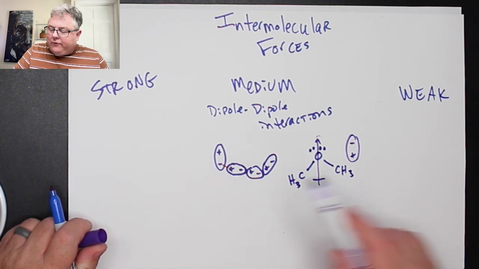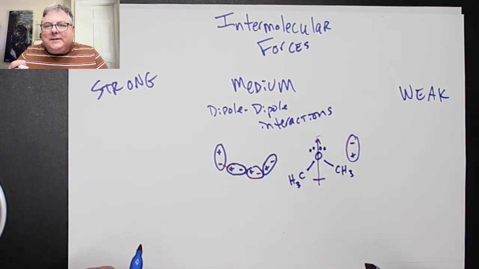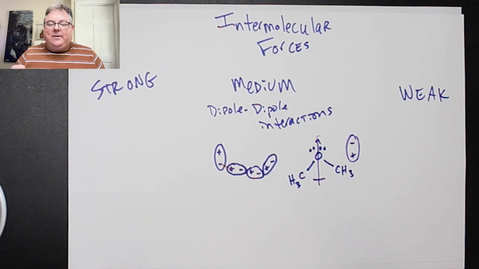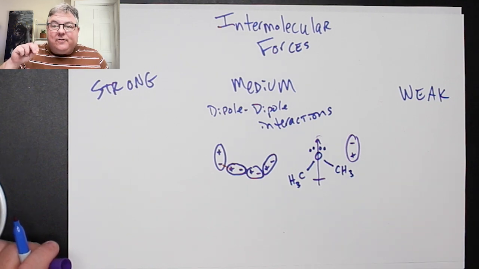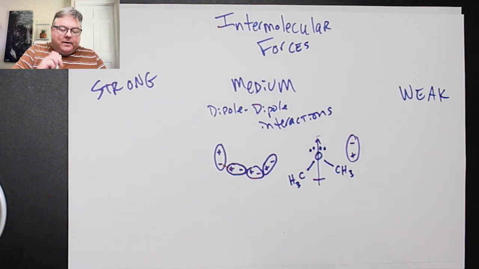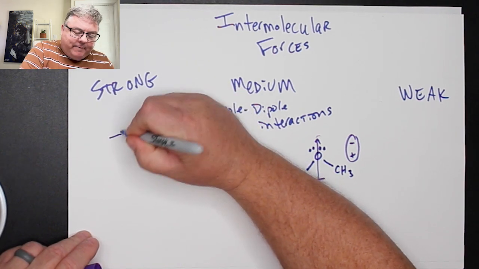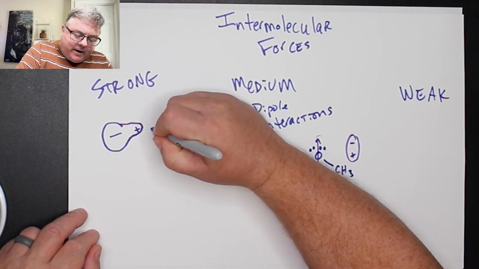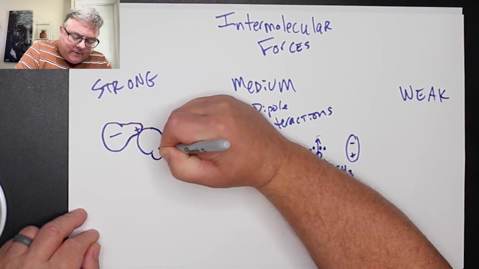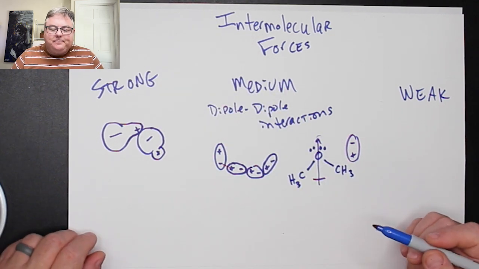Now, all of these, the strongest to the weakest, you end up having some sort of dipole-dipole interaction, some positives and negatives sticking together. Now, the strongest case is a special case where we get very positive and very negative spots on a molecule. So you're going to get a very tiny positive spot and a very negative spot, and then that very negative spot will stick to that tiny positive spot.